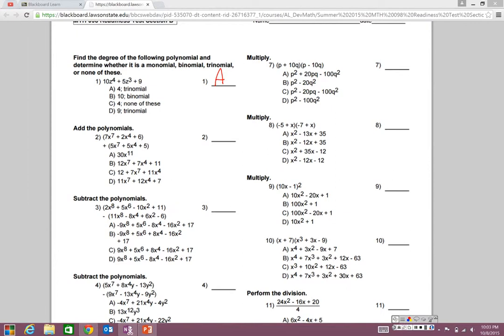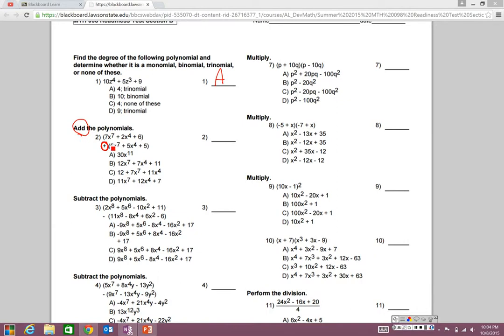Alright, let's look at number 2. It says add the polynomials. I'm thinking for the most part you understand how to add polynomials together. Just make sure you know, since there's a plus sign in between these parentheses, you have to add like terms. This is not multiplication, this is addition, as indicated by the instructions.